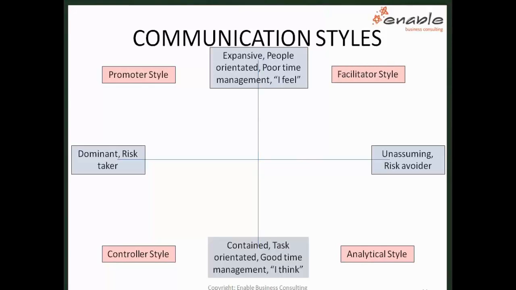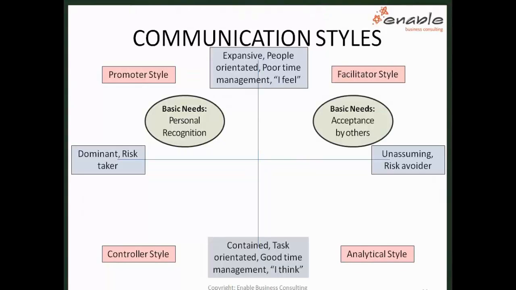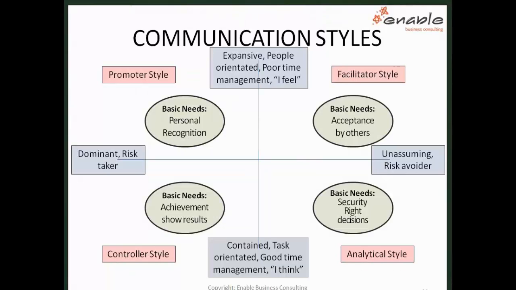So how do we tie these in with qualifying potential leads? Well, when we look at what the basic needs are within each of these quadrants, the promoter is looking for personal recognition, the facilitator is looking for acceptance, the controller is very much looking for results, and within the analytical style, they want to know they're making the right decision.